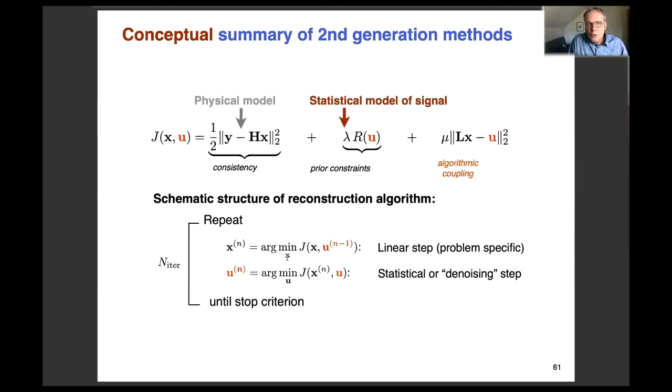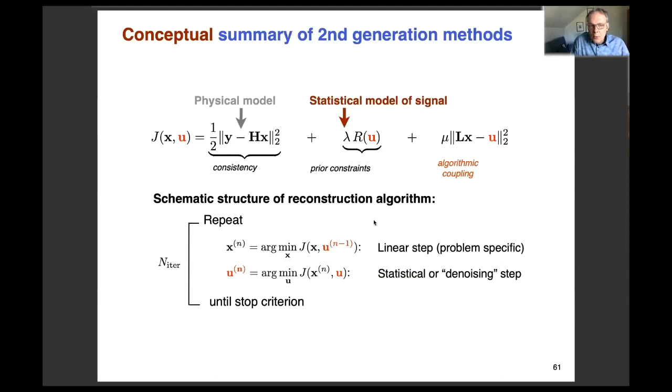Now, a conceptual summary, maybe to finish up on the second generation methods. We saw that we always have a physical model. And now if you look at an ADMM type algorithm, if you split the variables, you can introduce some prior information that can either be statistical or in the spirit of favoring sparsity.